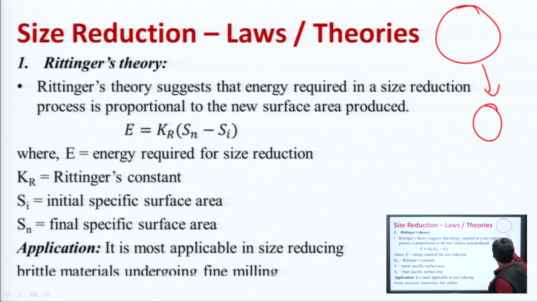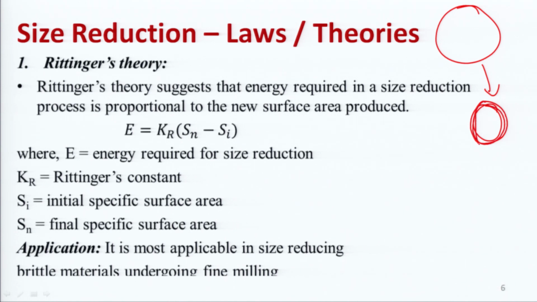That means, this is the new surface area which is produced after size reduction from this larger surface area. So, Rittinger proposed a theory that suggests that energy required in a size reduction process is proportional to the new surface area produced.